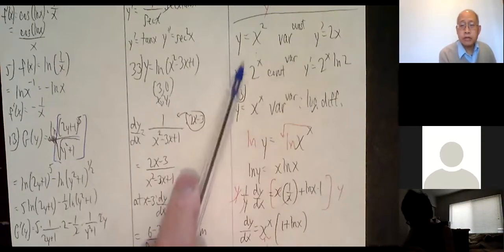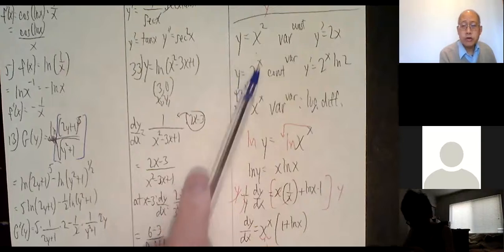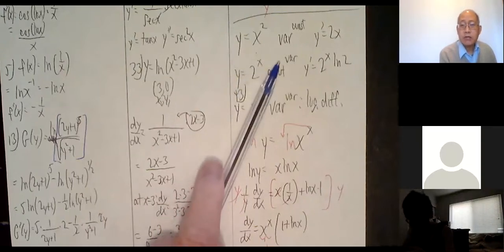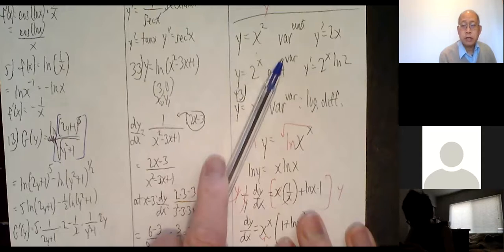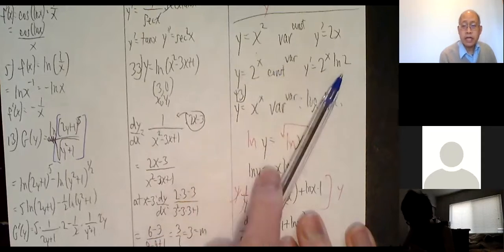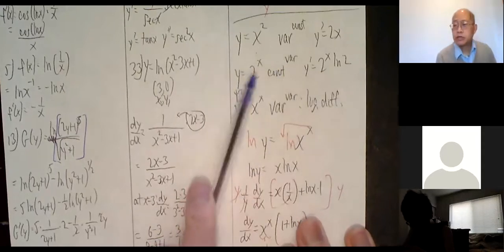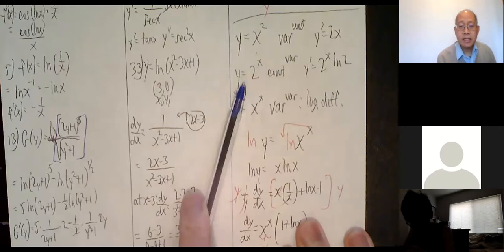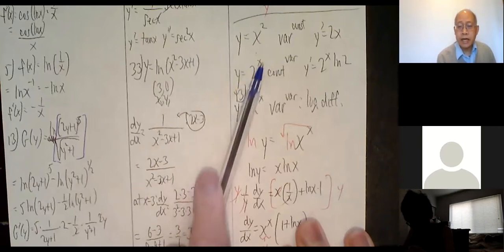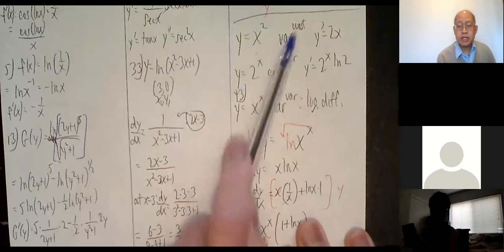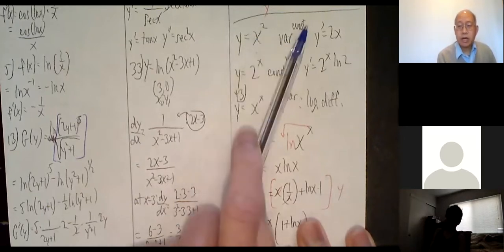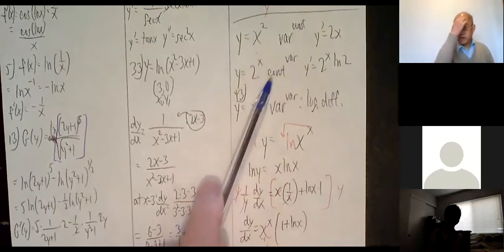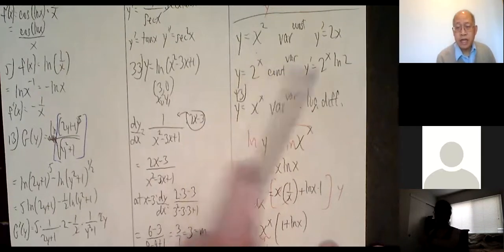If it's reversed, if you have y equals 2 to the x, a constant raised to a variable, that's the exponential function. So y prime is 2 to the x ln 2. So when it looks like this, do not go x times 2 to the x minus 1. Don't do that. That's only for this situation, the power rule: a variable, like x, raised to a constant 2. This is a constant raised to a variable. That's an exponential function.